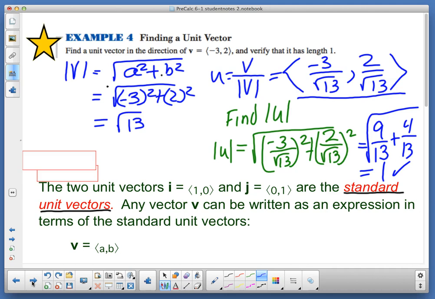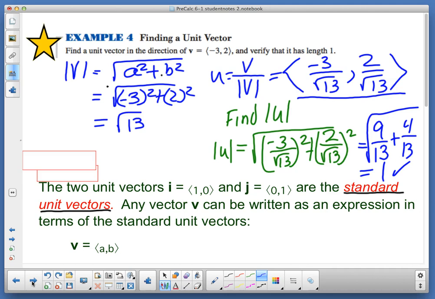Now, after we did that, we're verifying that our unit vector is truly the unit vector, because the unit vector should have a magnitude of 1. You won't be asked to do the verification very often. When you use it in a problem, you're going to be using the unit vector, and you should be confident that your math was correct, and that in finding the unit vector, you just take the vector value and divide it by the magnitude.